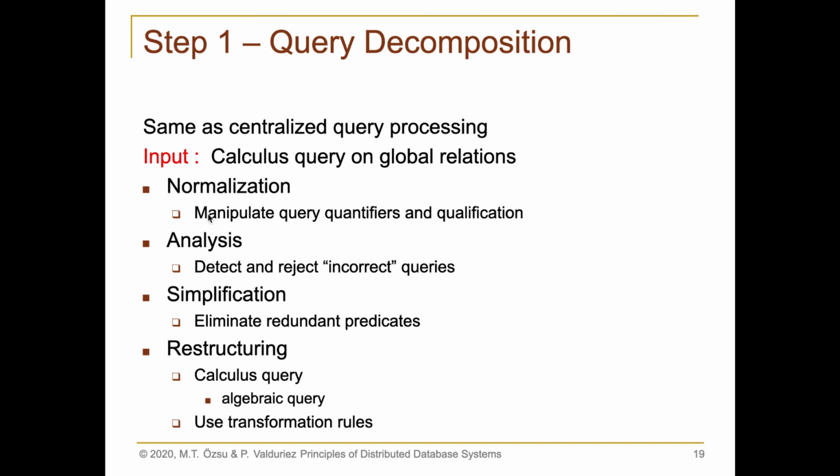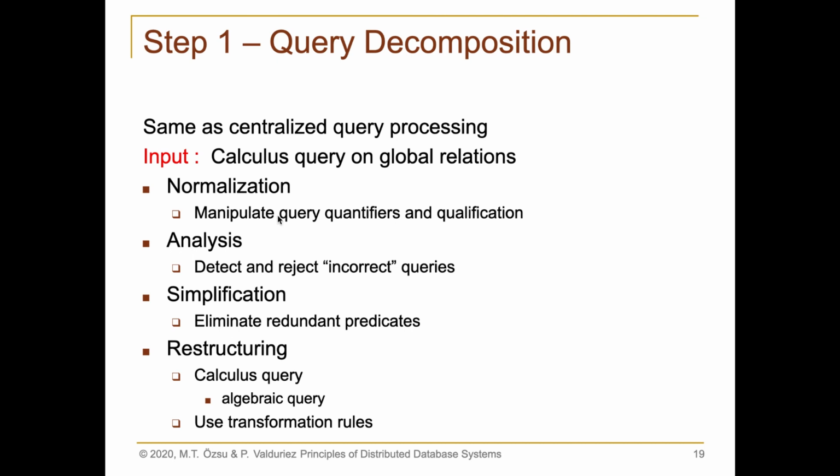When we say normalization, the main purpose of normalization is to reduce redundant data and to reorganize the data so that the query executed on this fragment or relation performs well. So in terms of calculus queries, the principle behind normalization is simply transforming the calculus query into conjunctive normal form or disjunctive normal form. So it's there to manipulate query quantifiers and qualification.